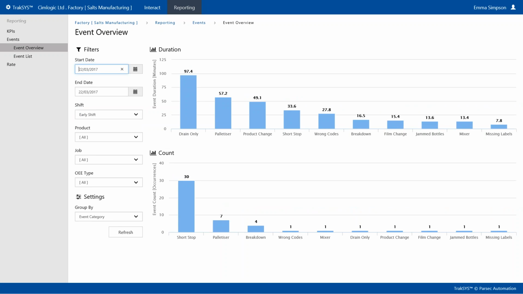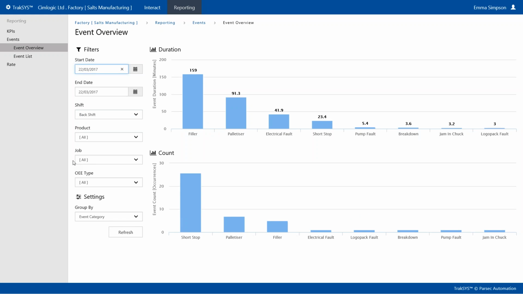So there was no problem on the early shift. Let's check the back shift. Interesting. We have here 159 minutes for the filler and 91 for the palletizer.